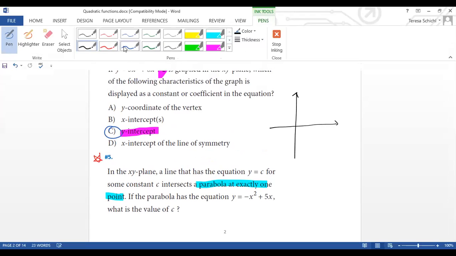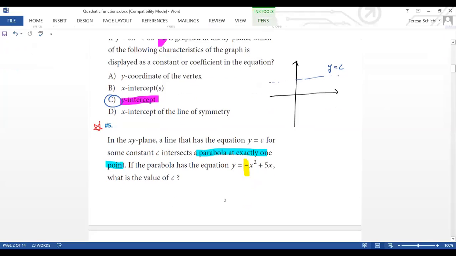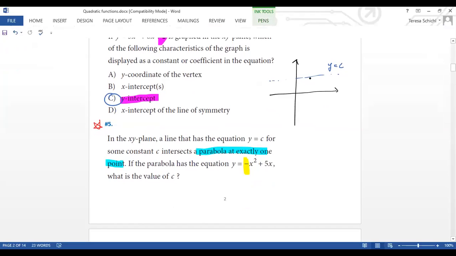So I have a line here, y equals c, and then I have a parabola. Looking at the coefficient here, it is negative, so I know this parabola is open downward. And it only intersects the line at 1 point.